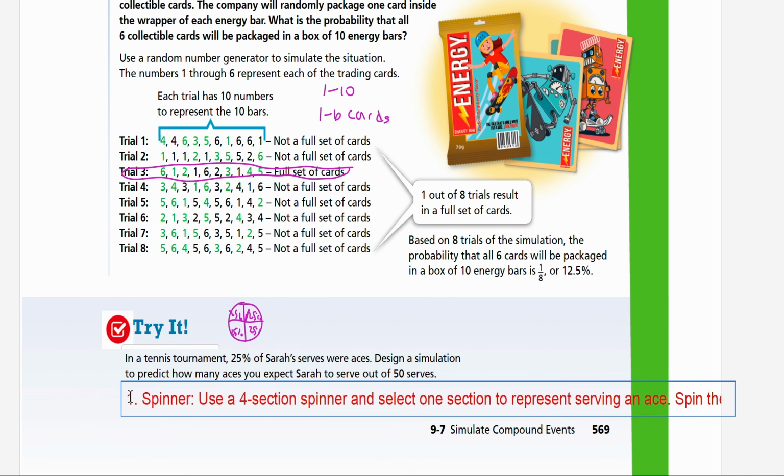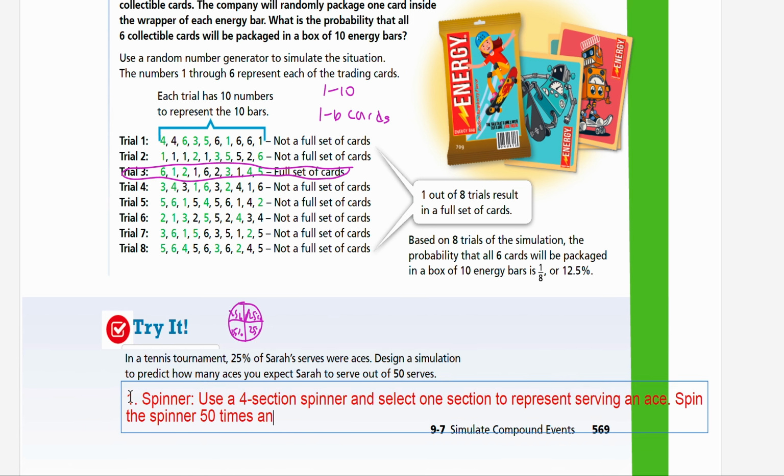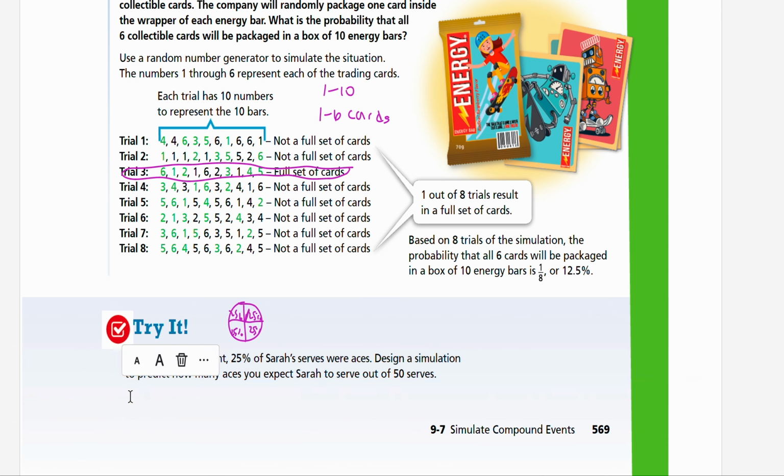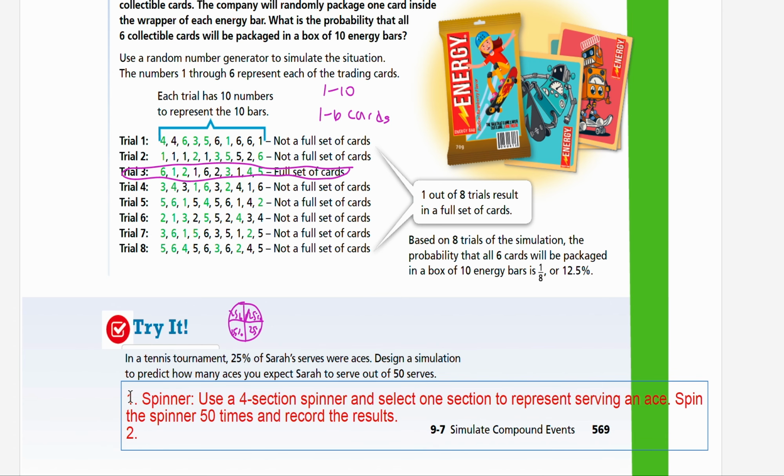Spin the spinner. Let's say 50 times, because it's 50 serves, right? And record the results. And then the next one, we can use a random number generator.